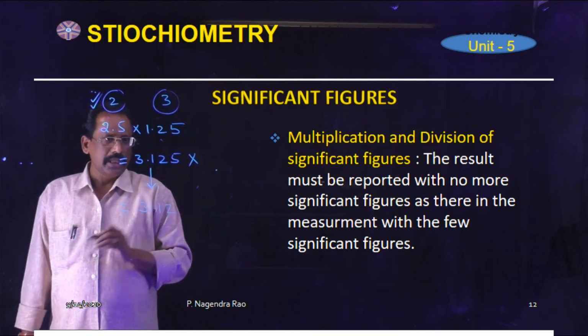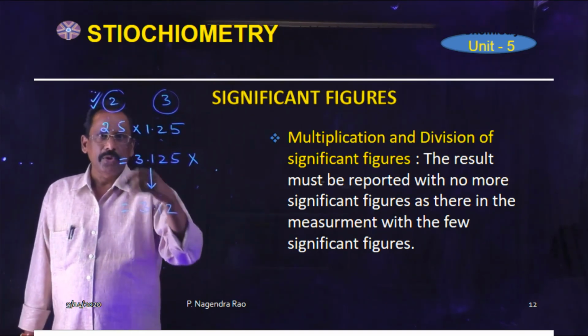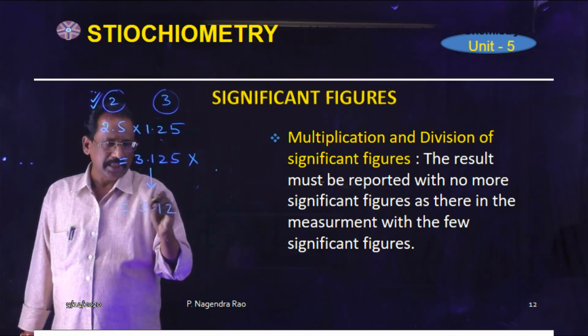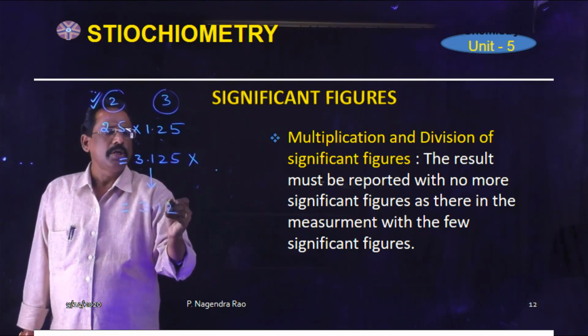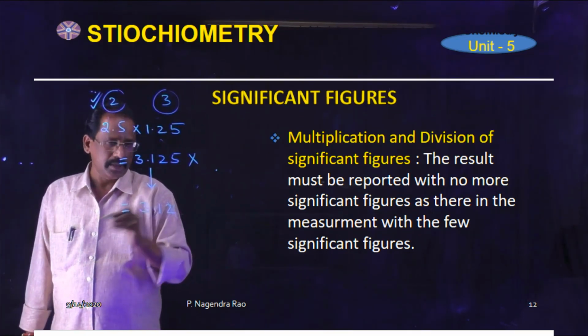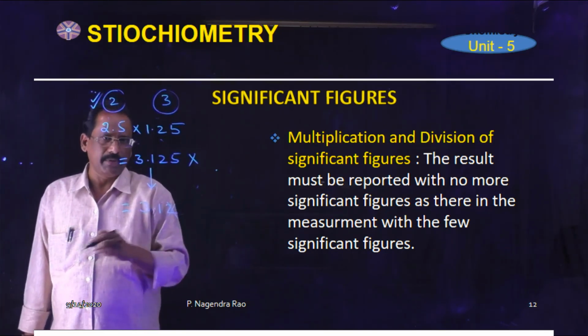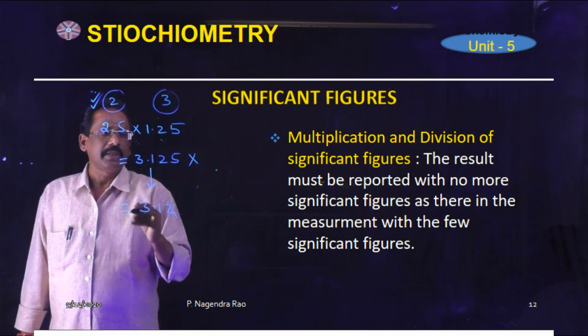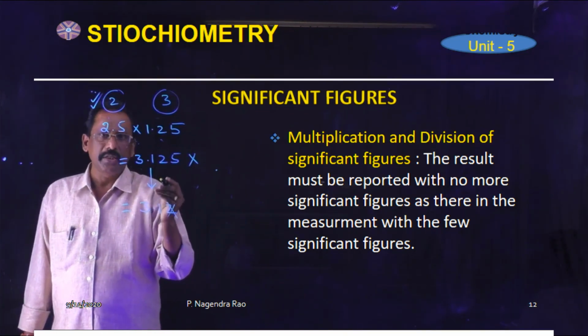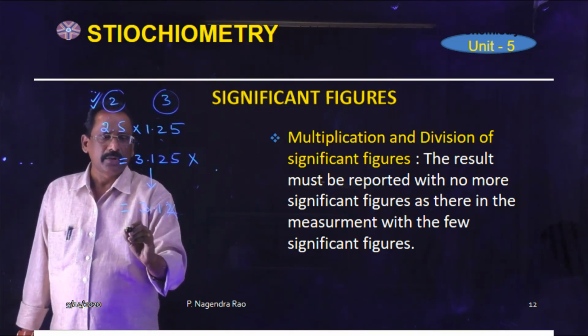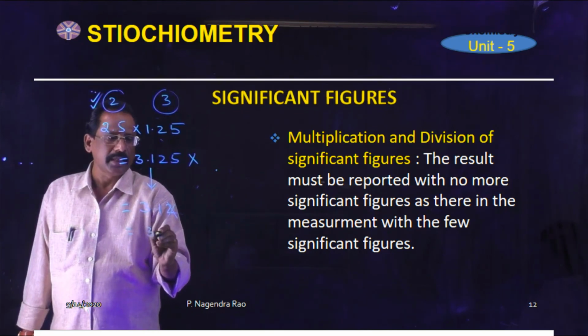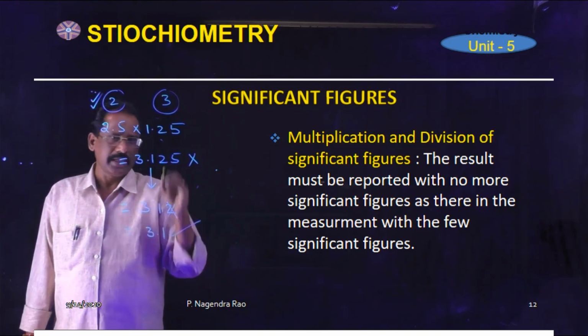So this is equal to 3.12. But in 3.12, the total number of significant figures is equal to 3. Now remove this last digit. Apply the rule. Here 2 is less than 5. That's why there is no change in the preceding number. So the final answer is 3.1.